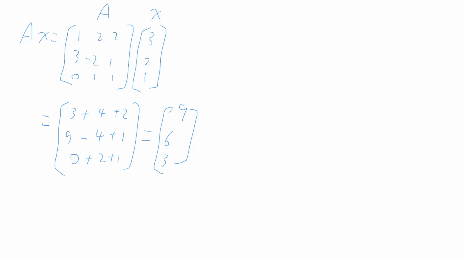So then we get this, which is equal to 3x, and we can say yes, lambda equal to 3 is an eigenvalue, and (3, 2, 1) is an eigenvector.